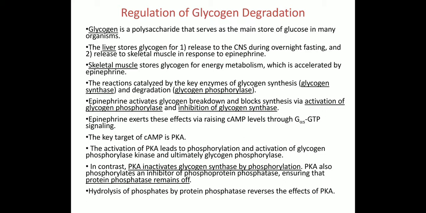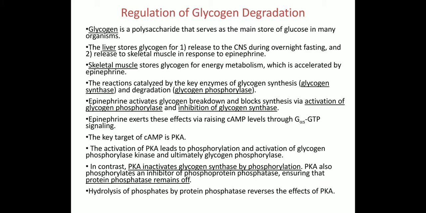Thus, glycogen stores in the liver are primarily broken down into glucose, which is immediately released into the blood and transported into other tissues like muscles and brain.